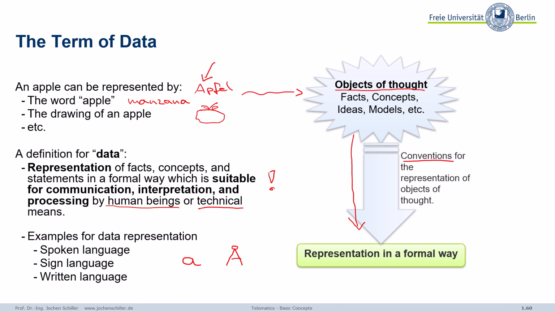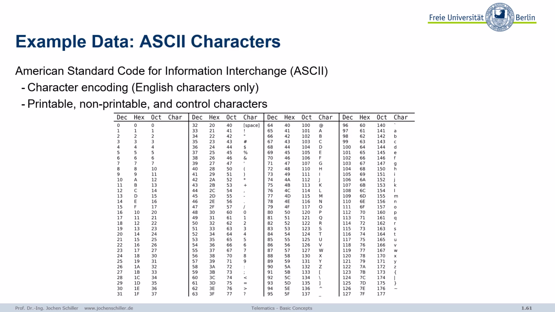And one very, very basic way of this coding, ASCII, American Standard Code for Information Interchange, one of the very first old character encodings. There are many, many more, limited to the English characters, Latin alphabet, containing printable, non-printable, and control characters.